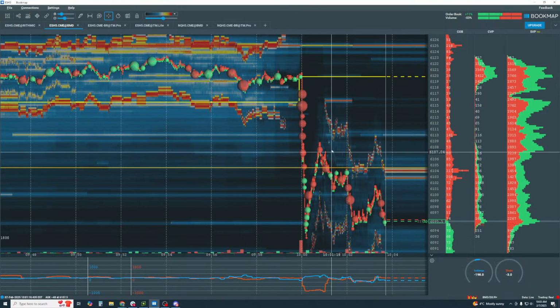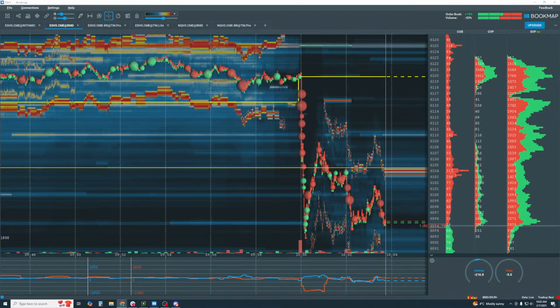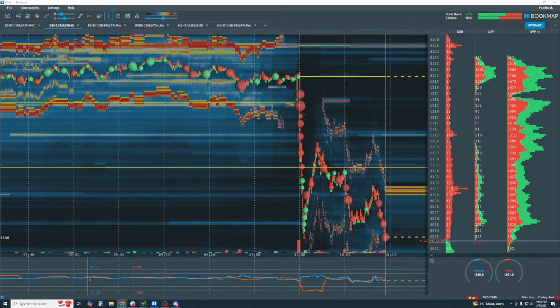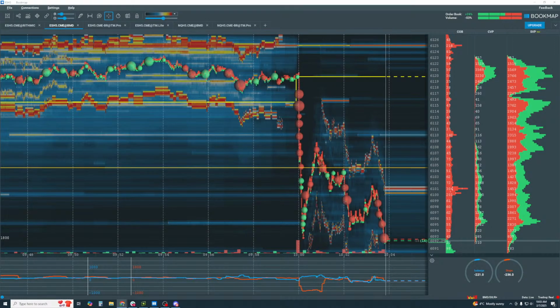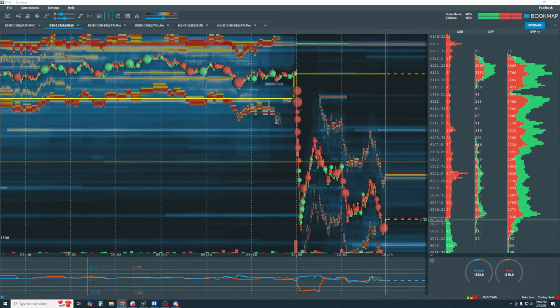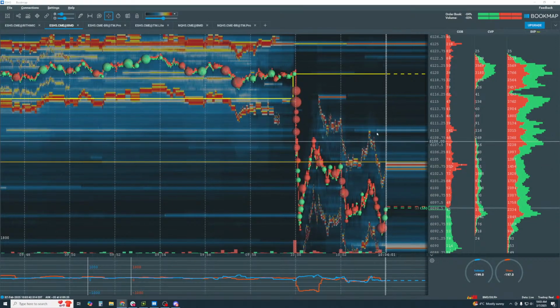All right, let's jump into these markets and see what's going on. We just had some data at 10 a.m., the consumer confidence or consumer sentiment and inflation expectations from University of Michigan.